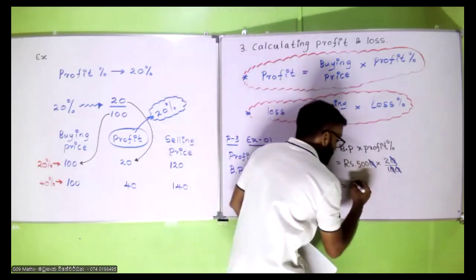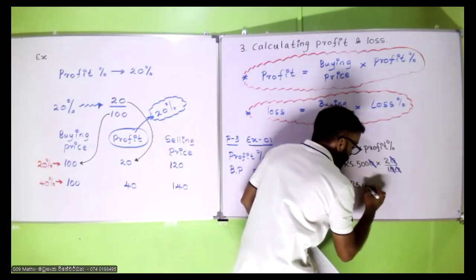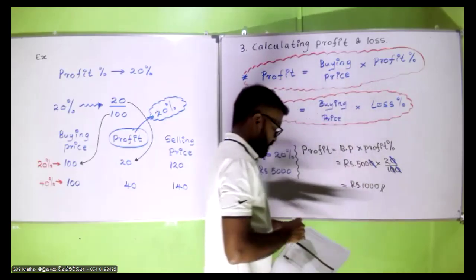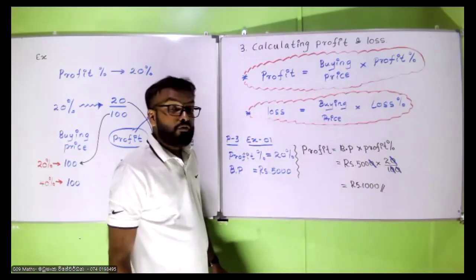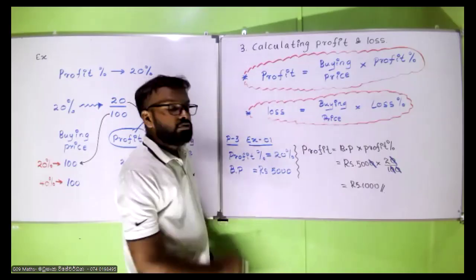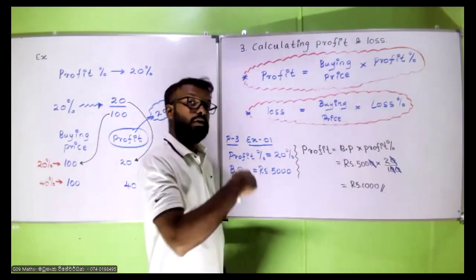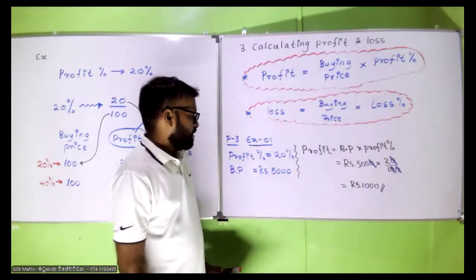So the profit is 1,000 rupees. This vendor gets a profit of 1,000 rupees by selling this cupboard, right?